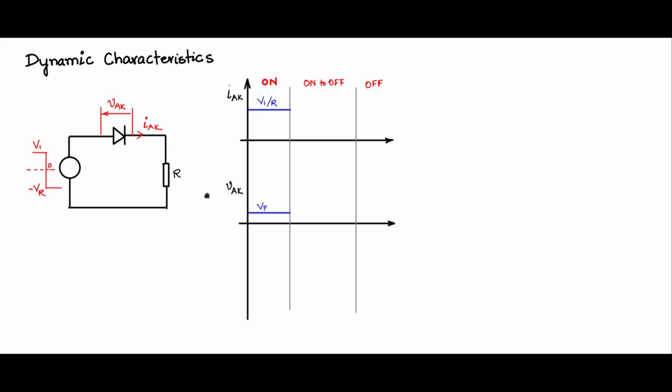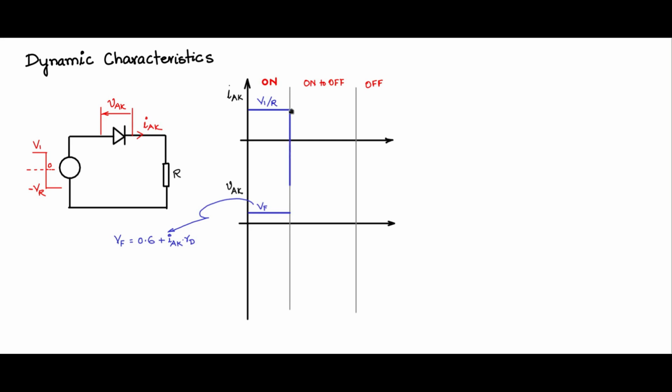Whatever value of current IAK is flowing, VF is the cut-in voltage of 0.6 volts plus IAK times RD, the dynamic resistance. Generally it is negligible, but let us indicate it.